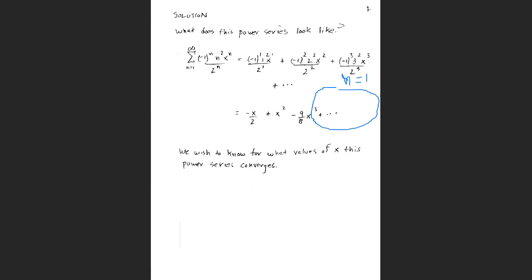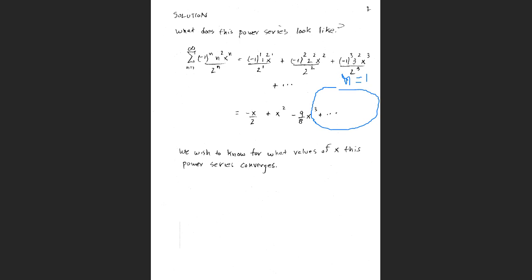When n equals 3, the third term of the power series is this term here. And if I simplify things a little bit, the power series is going to equal -x over 2 plus x squared minus 9/8 x cubed, and so forth.